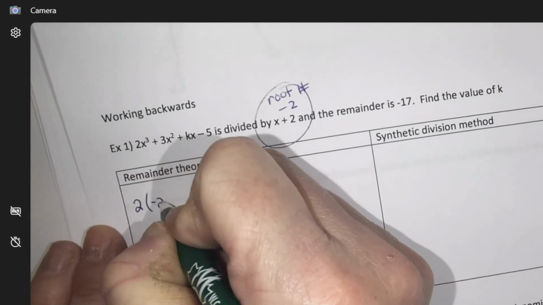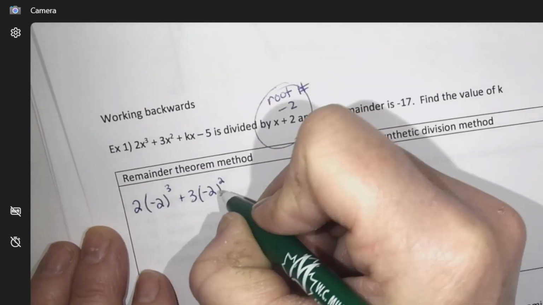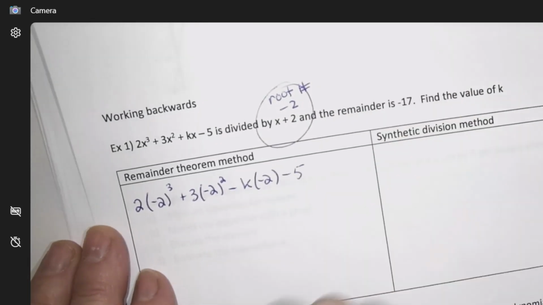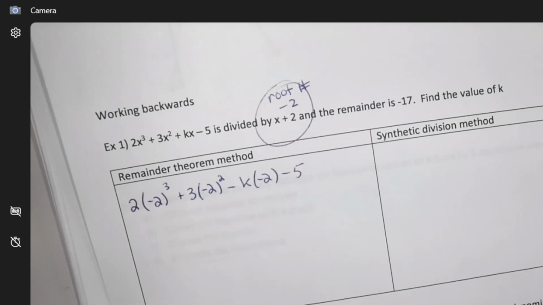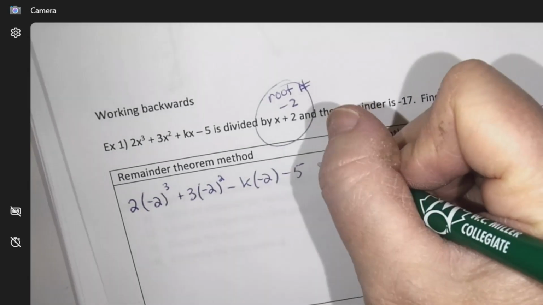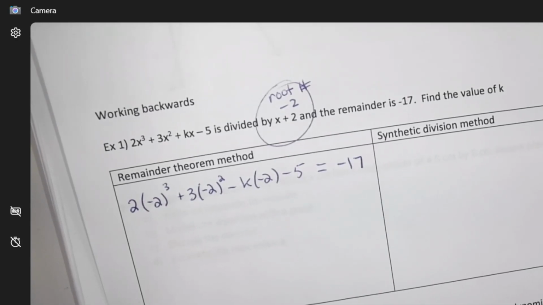So 2 times -2 cubed plus 3 times -2 squared minus k times -2 minus 5. So when you plug that in for x, you're supposed to get -17. Okay, let's see what we can do without our calculator.